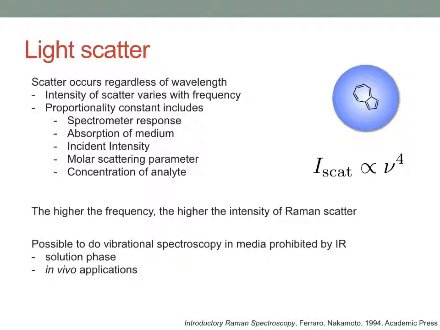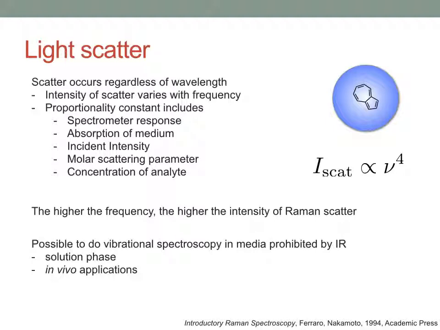But there's a benefit to being able to choose any wavelength of light, in that the intensity of my scatter varies with frequency. In fact, there is a frequency to the fourth relationship between my incident light and my excident amount of Raman scatter.